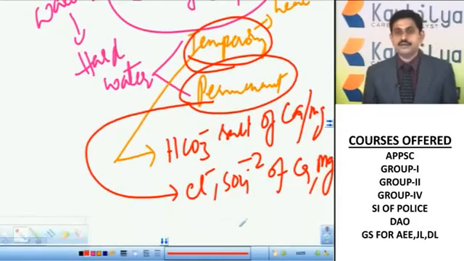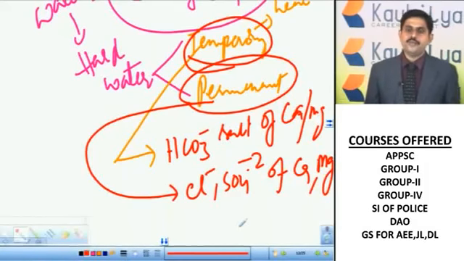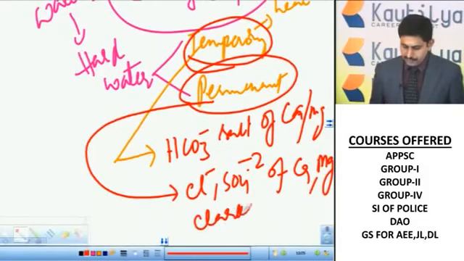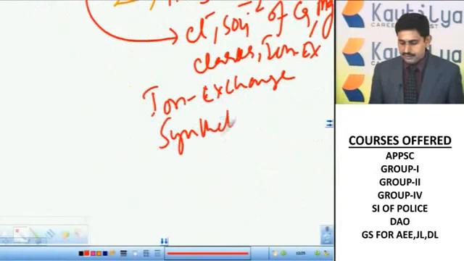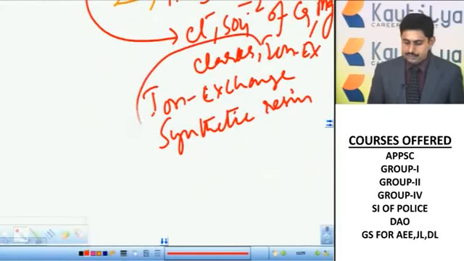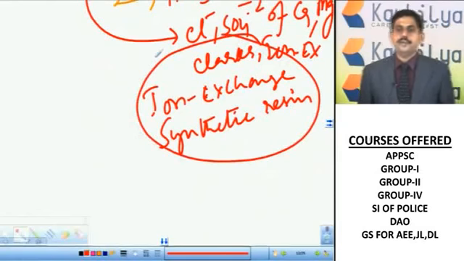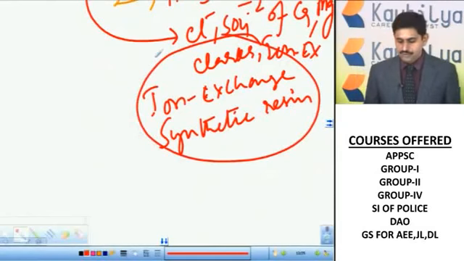These chlorides and sulfates can be removed by different processes, like the Clark method, ion exchange method, or synthetic resin method, which is an organic method they are using nowadays. Hardness of water can be converted to softness only by these methods.